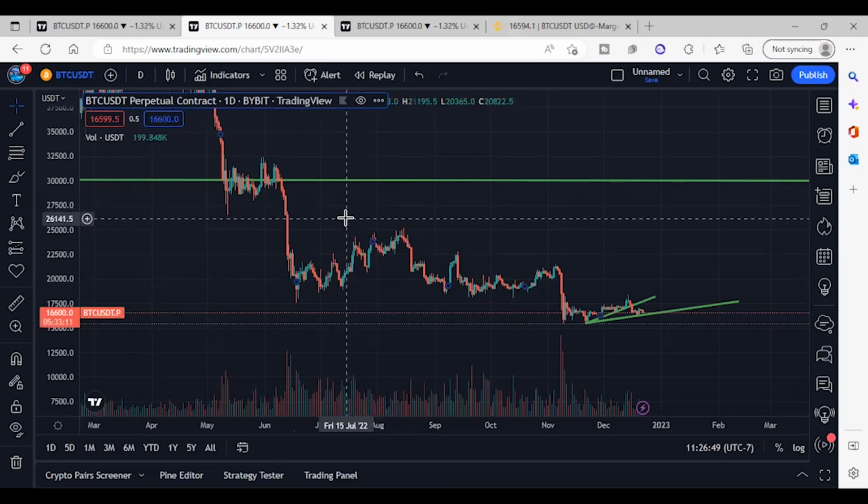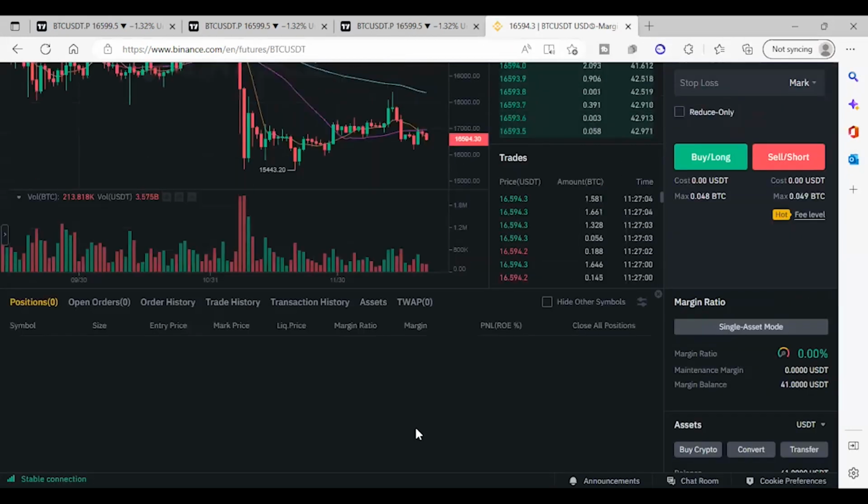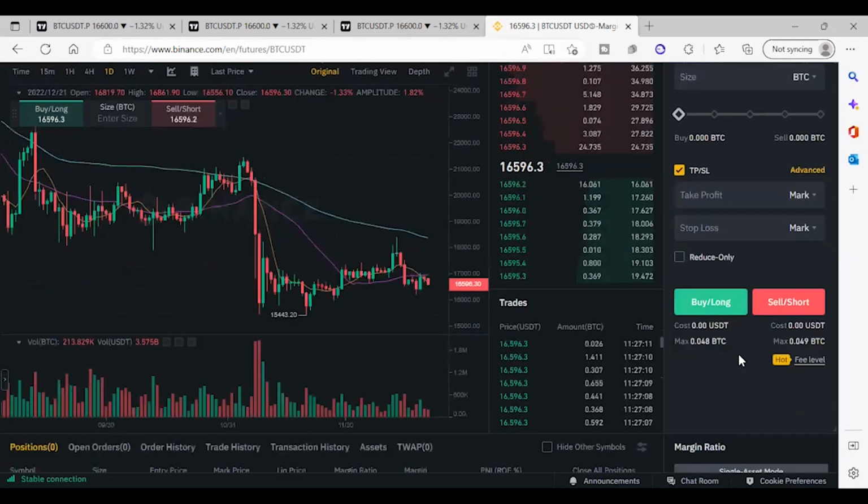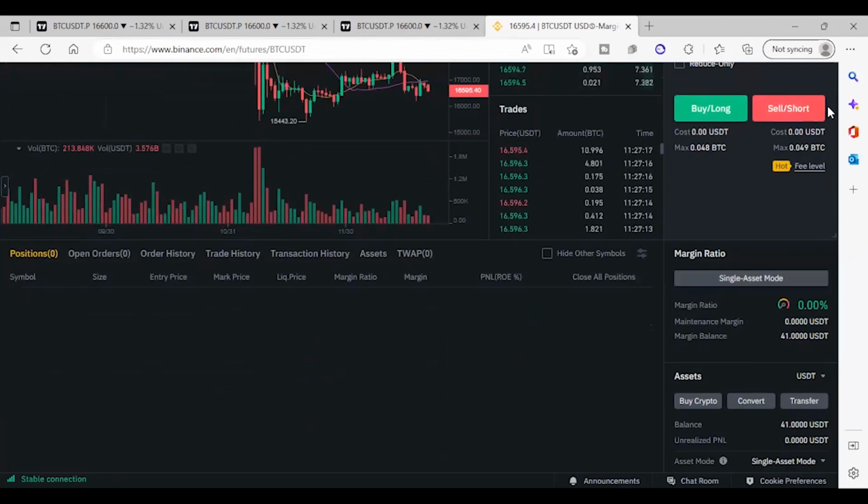Essentially, when you are trading Bitcoin in an uptrend, the position that you are looking to take is to buy long. When you go to Binance or Bybit, this is the place where you can trade Bitcoin and any other cryptocurrency. Here you'll see there's buy long and there's sell short.